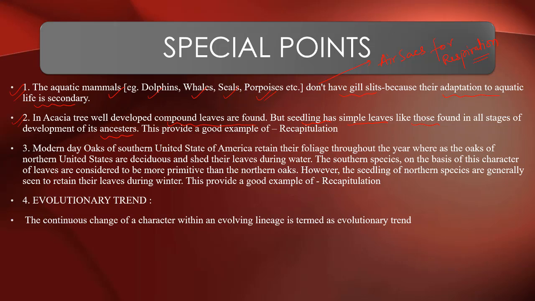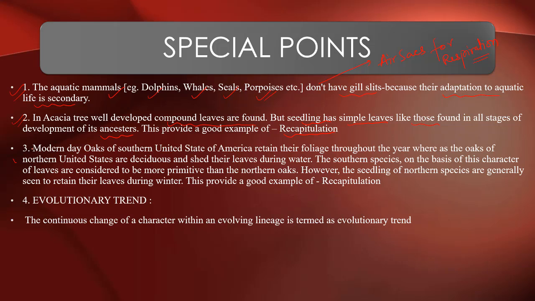But the adult, fully grown Acacia tree shows compound leaves. So the seedling of the Acacia actually resembles the stages of its ancestors. This provides a good example of recapitulation.